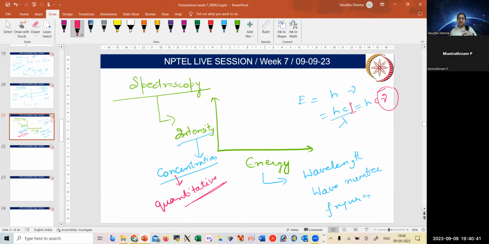Whereas energy tells you about a qualitative analysis, about the quality of your spectroscopy you're measuring, like in which sample this particular absorbance is taking place, and intensity would be talking about how many molecules have absorbed under the same time scale or same absorbance region. So that is the general way we define spectroscopy and what kind of plot we are getting.